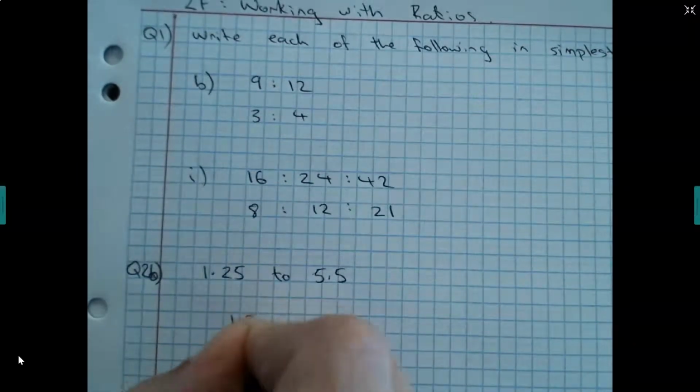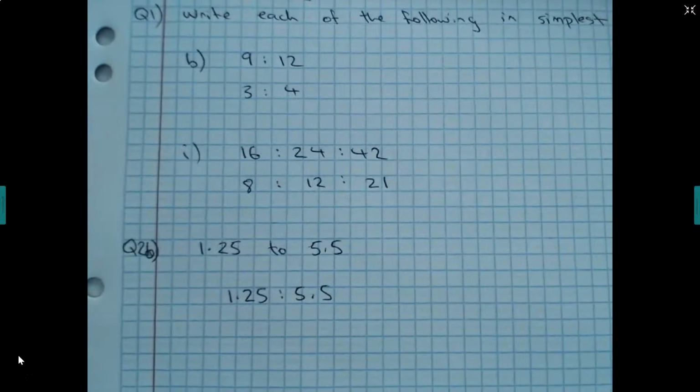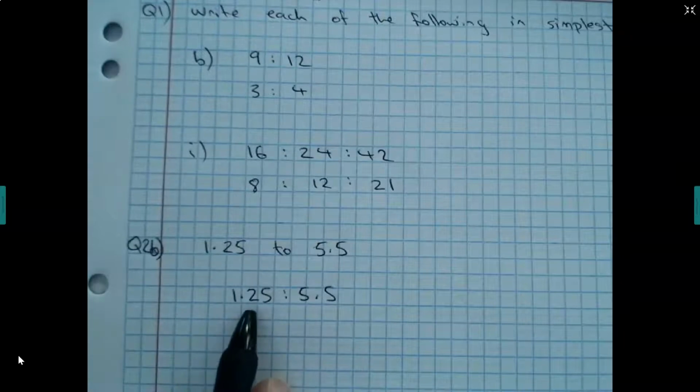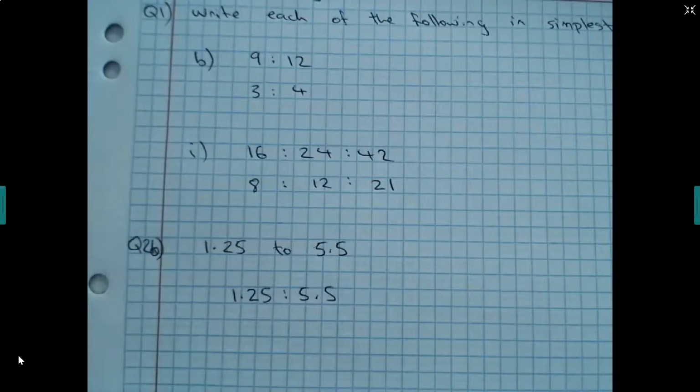So 1.25 to 5.5. Now, these decimals aren't extremely helpful for us, so what might we do to both sides of the ratio? Good. If I multiply this by 100, that will become 125, and this will become 550.